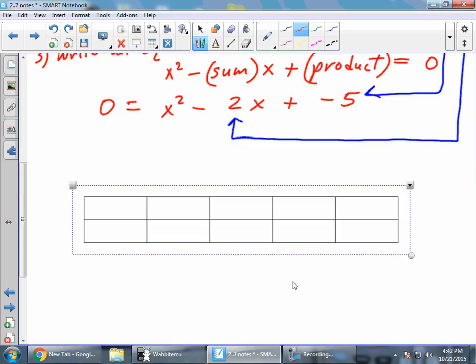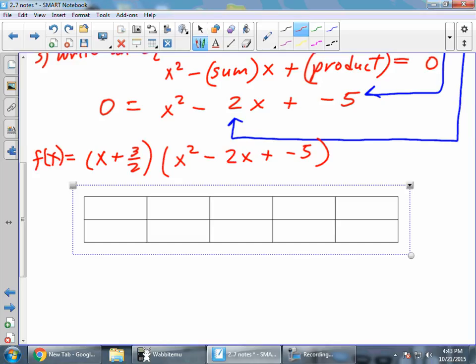So if that is the case, then we can say, all right, x plus 3 halves times x squared minus 2x plus negative 5 will give us a formula for a cubic equation. And we probably want to simplify that a little bit just to make it nice.